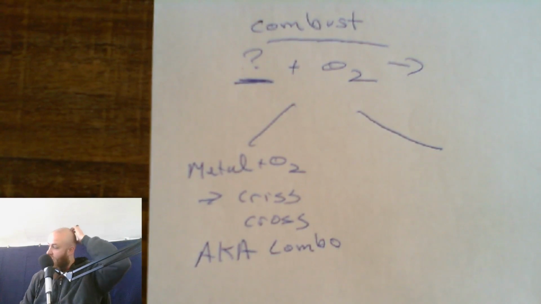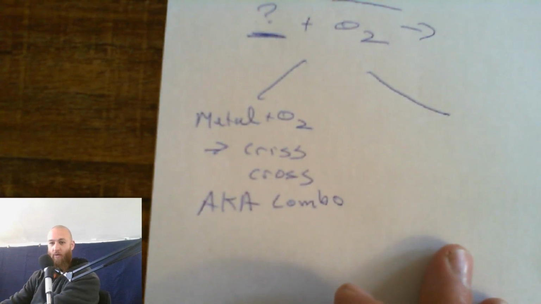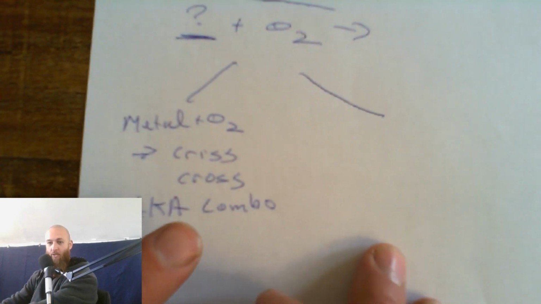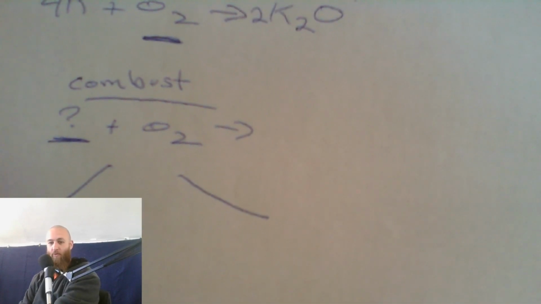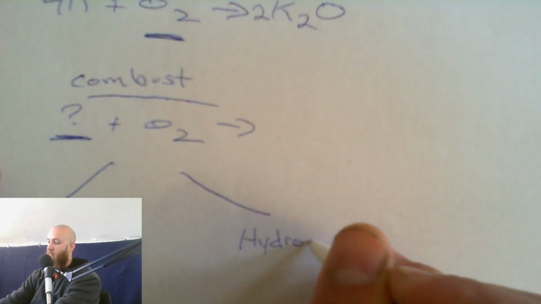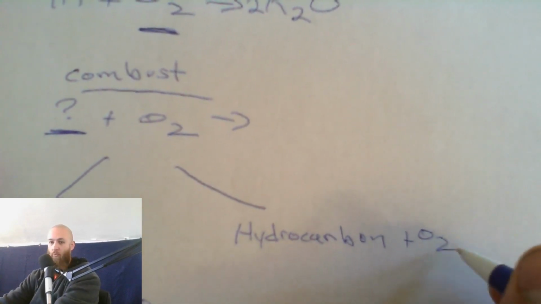Now, the only thing left is to talk about the other kind of combustion, all right? That's a review right here. We just talked about that. That's up here somewhere. Now, this new stuff over here, I'm going to cover up that old stuff so you don't fall for this. This is when we have something called a hydrocarbon, which I'll define in a moment, plus O2.